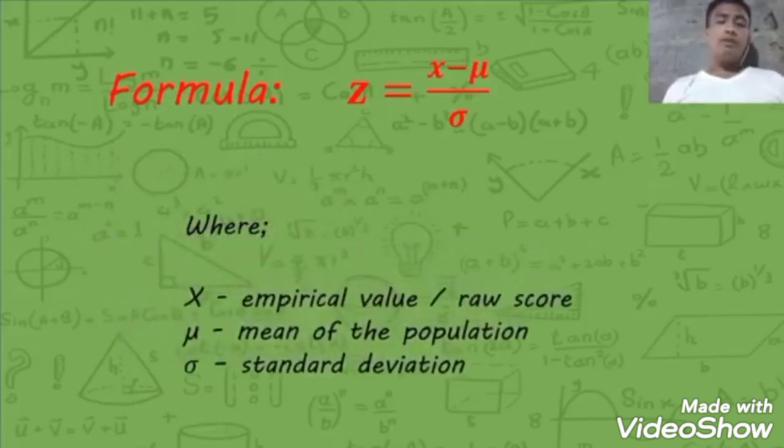Where X is the empirical value or raw score, mu is the mean of the population, and sigma is the standard deviation.